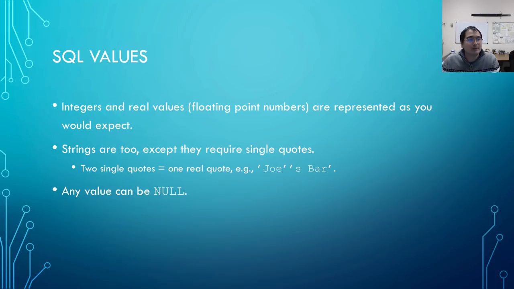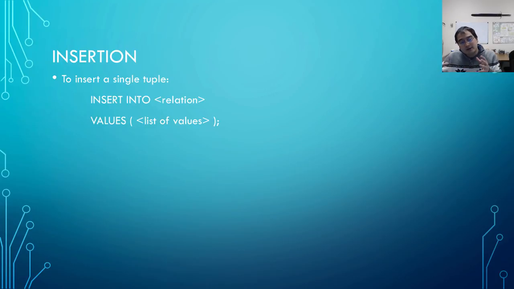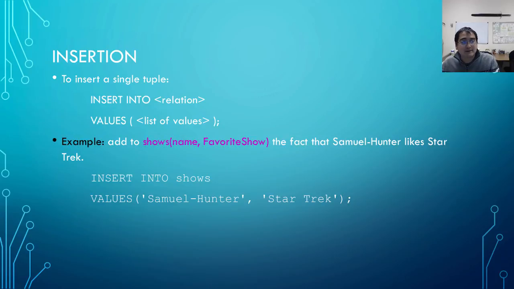Back to our big question, how do we add data to our relation named shows? You do that through a process called insertion. To insert a single tuple, or row, you say INSERT INTO, then the name of the relation, and then you say VALUES, and then in parentheses, a list of values that you want to add to that relation.